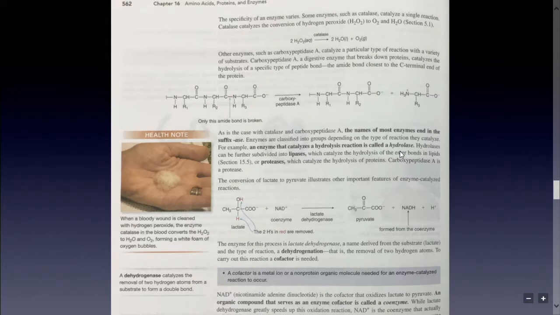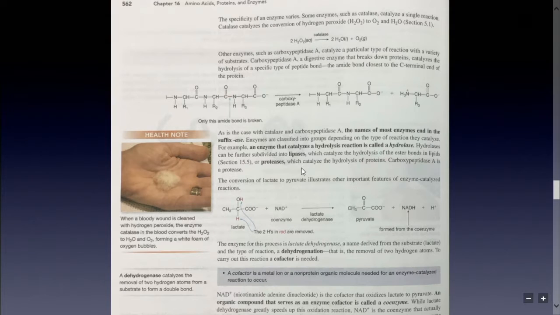And so you could further subdivide hydrolases into lipases, which hydrolyze lipids, or proteases, which hydrolyze proteins. Proteases catalyze the hydrolysis of proteins, and lipases catalyze the hydrolysis of the ester bonds, if you don't remember, in lipids. So if you're going to hydrolyze lipids, you're breaking those ester bonds.